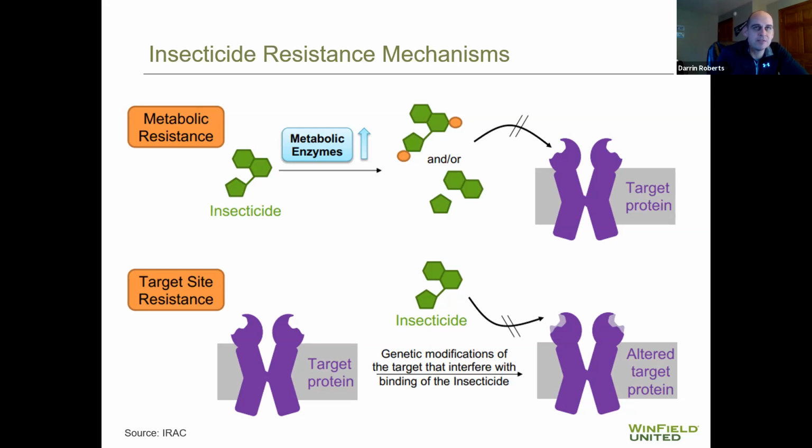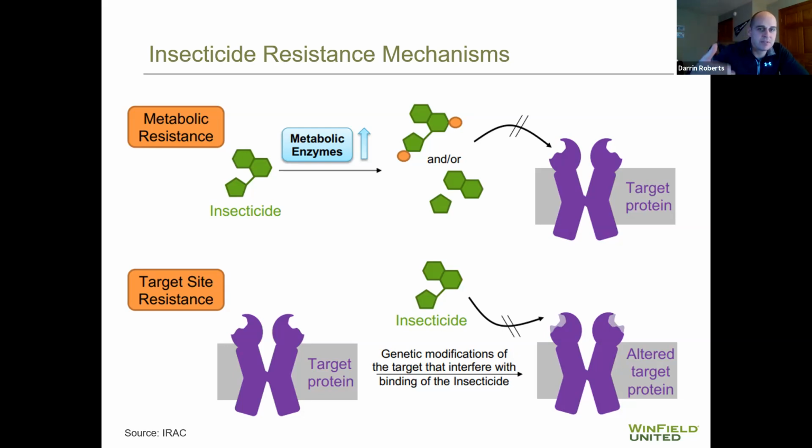And so there's a few different ways, there's these different mechanisms of insecticide resistance. The first one to touch on that's probably the most common is metabolic resistance.